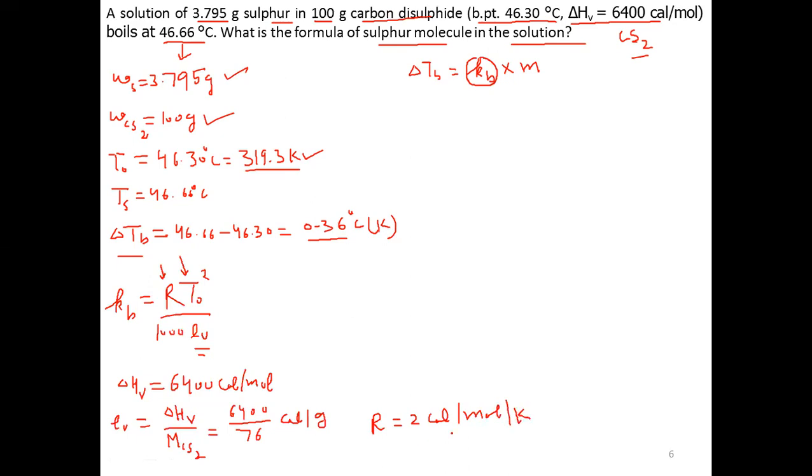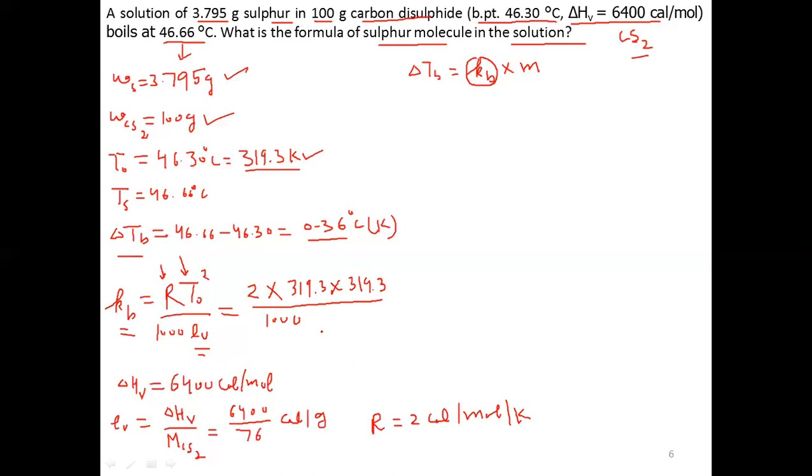So these are the units of R. Now by putting these values here, we will calculate Kb. So if we put these values here, what is R? 2. What is T naught? T naught is 319.3. So 319.3 into 319.3 divided by 1000 and Lv.